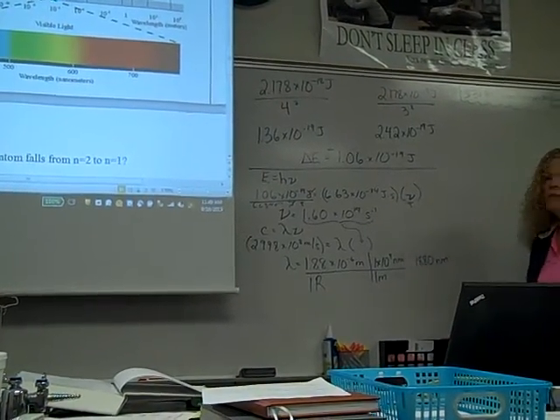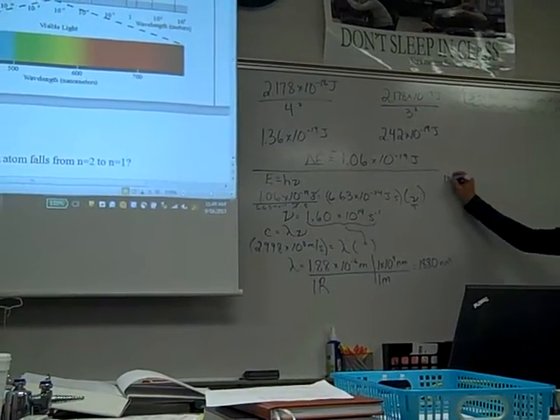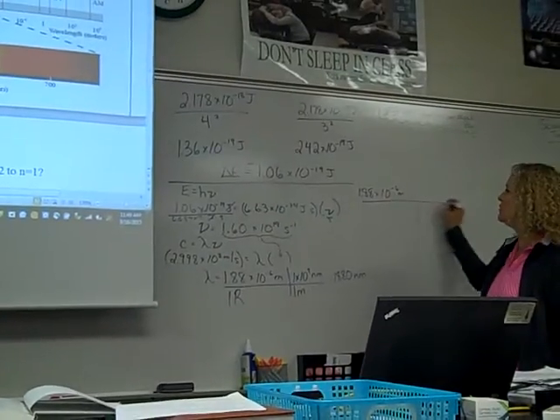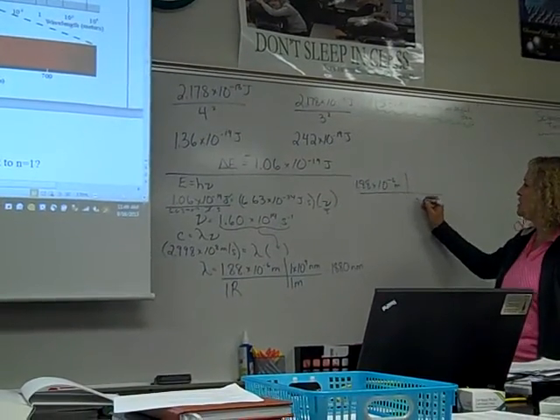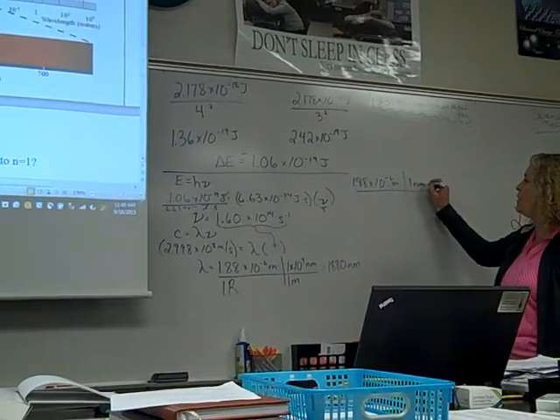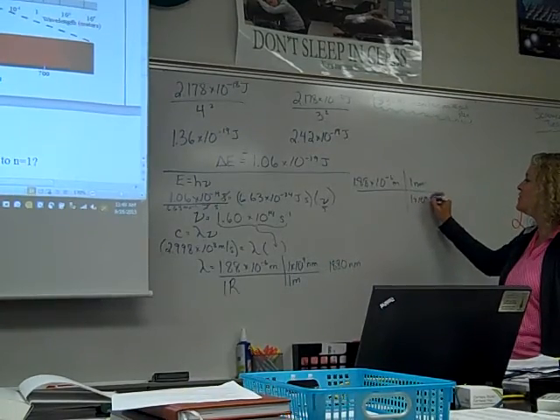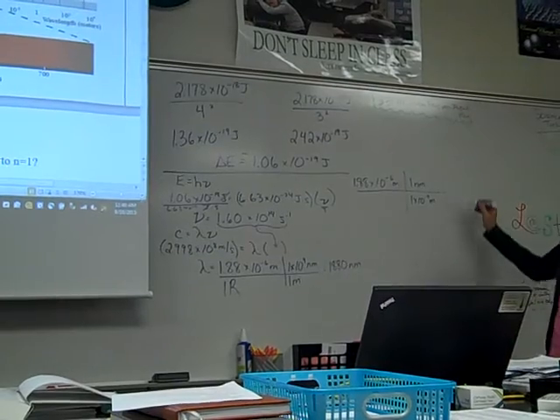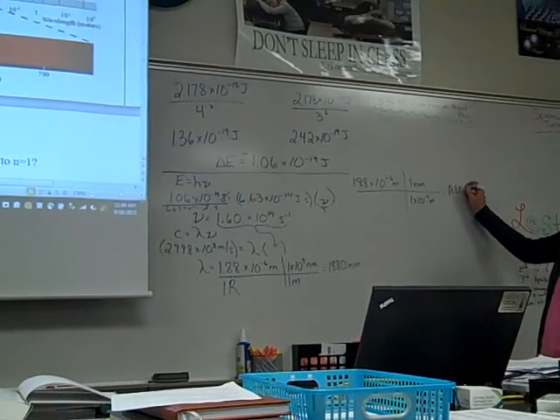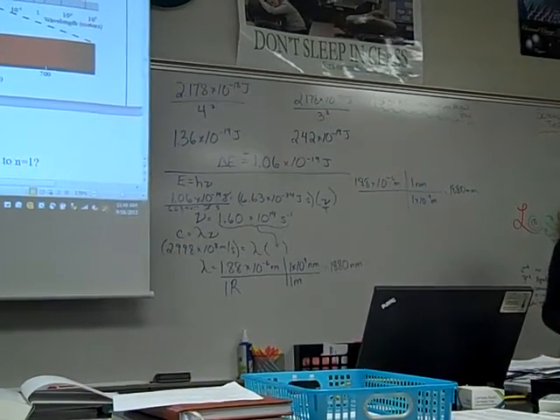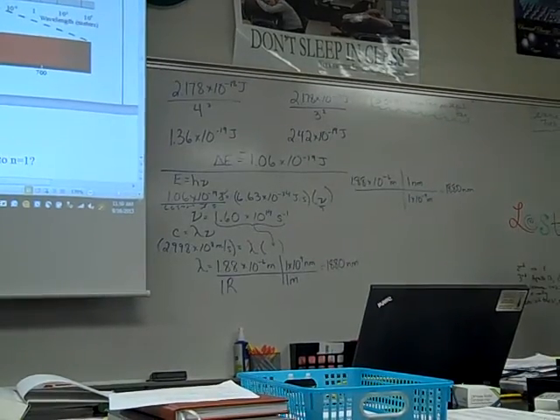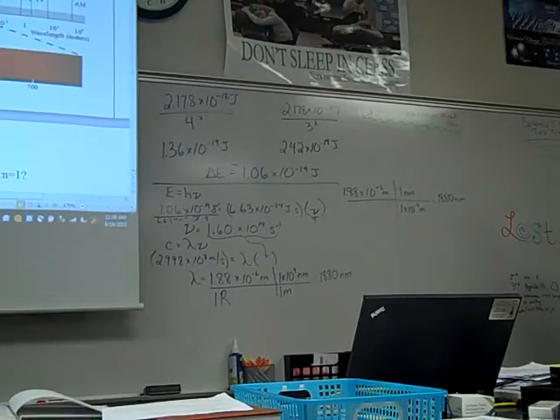Some of you might take your 1.88 times 10 to the negative 6 meters and say that 1 nanometer is equal to 1 times 10 to the negative 9th meters. That is fine. You'll get the exact same answer. And some of you might have a slightly different way that you do it. But you've got to make sure that the converting doesn't mess you up.